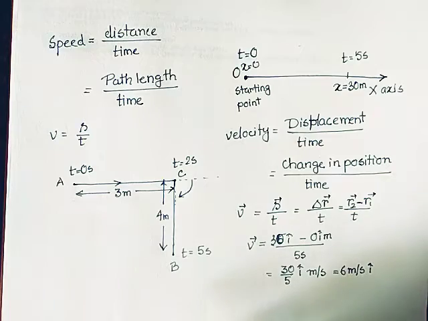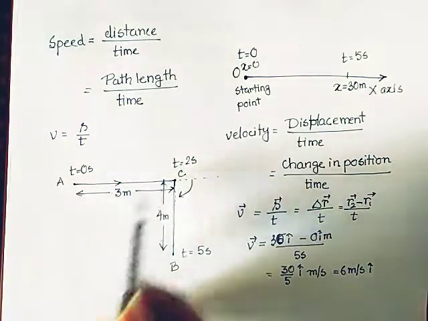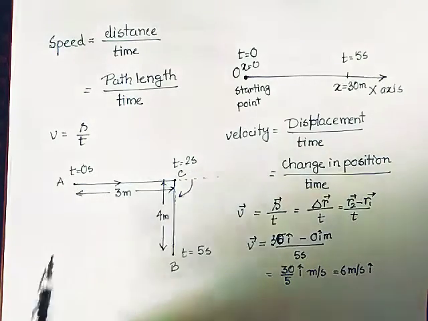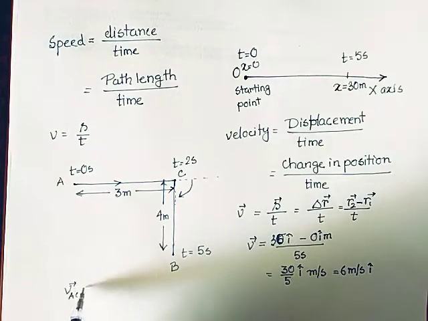So if I am concerned over this, in the section AC, what is the velocity? Please try to understand this thing clearly. What is the velocity in the AC section?